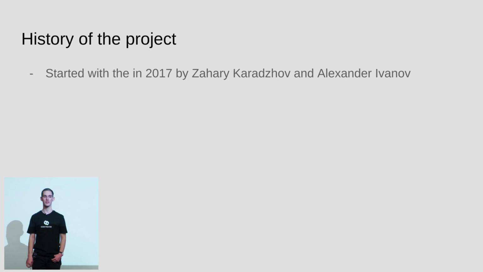Anyway, starting with the history of the project, it started in 2017. It was started by Zakhary Karadjov and Alexander Ivanov. Zakhary is a big contributor to the NIM project, if you know the NIM programming language, and Alexander is a big fan of the Ruby programming language, so of course one of the first languages that CodeTracer supports is Ruby.